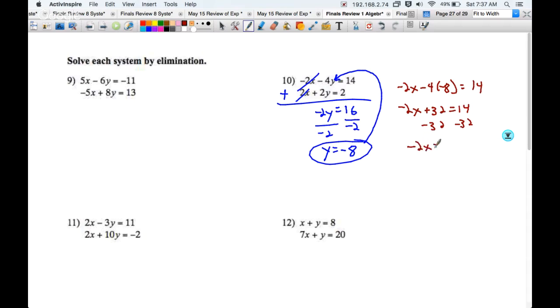Negative 2x equals 14 minus 32, negative 18. Divide by negative 2, divide by negative 2, x equals 9. So, as an ordered pair, 9 comma negative 8. Let's see, 9 comma negative 8 is correct.